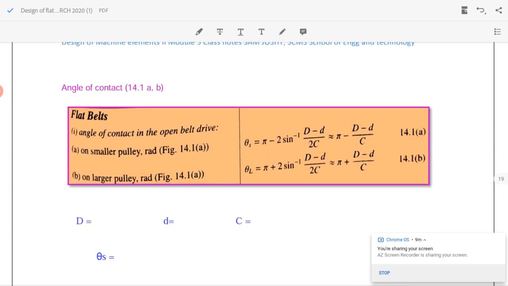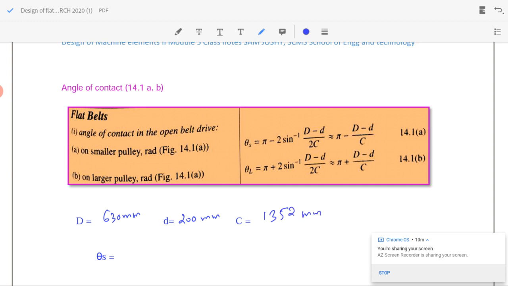Then we can find the angle of contact, which is very similar to what we have seen in the flat belt drive. Here we can substitute those values: capital D equal to 630 mm, small d equal to 200 mm, and C equal to the center to center distance, 1352 mm.